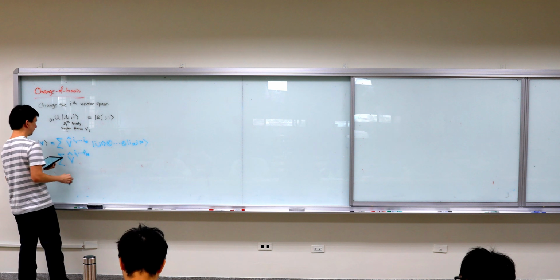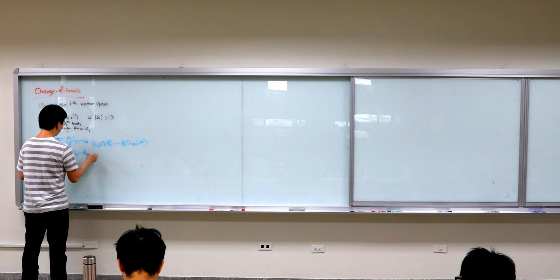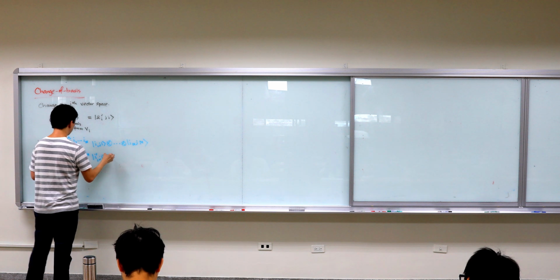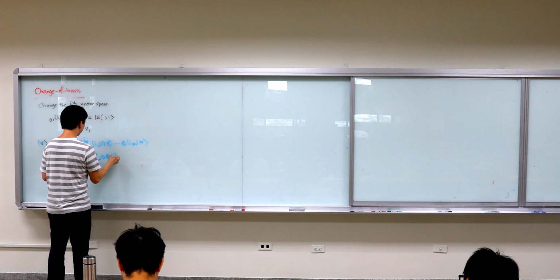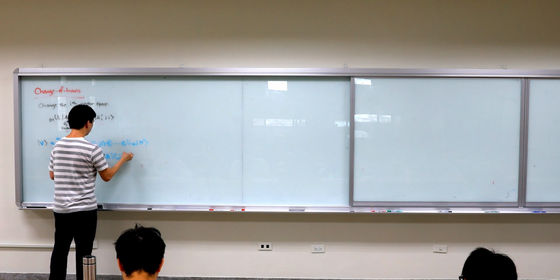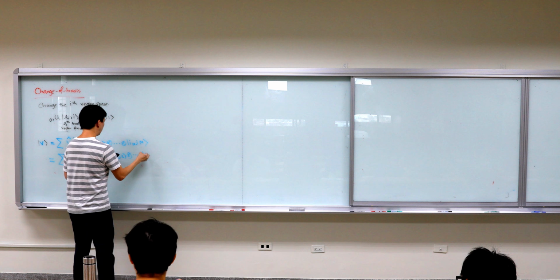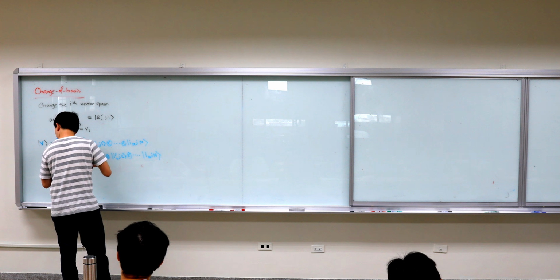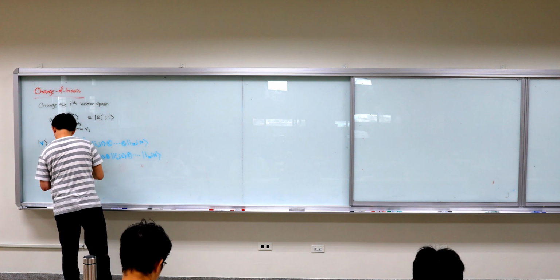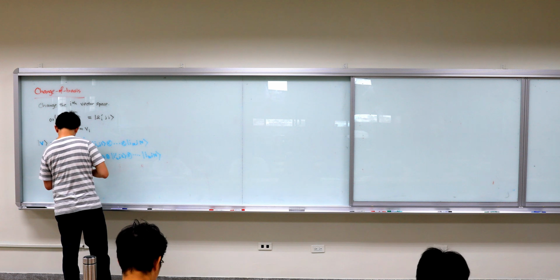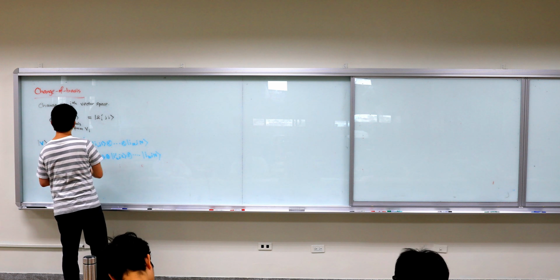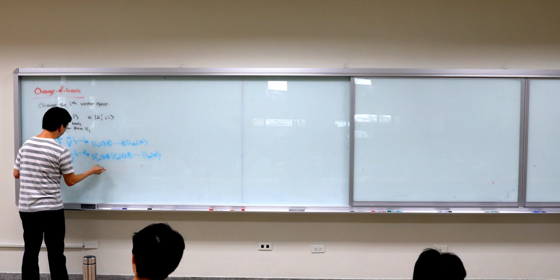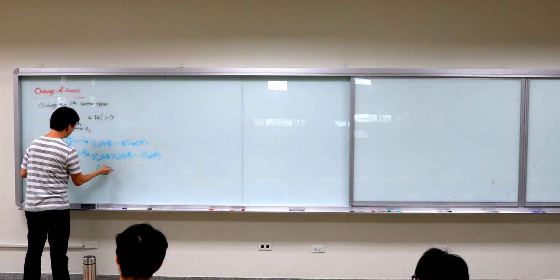So what it's going to look like is i prime 1, i prime 2, all the way to i prime N, and then the bras i1 prime and so on.